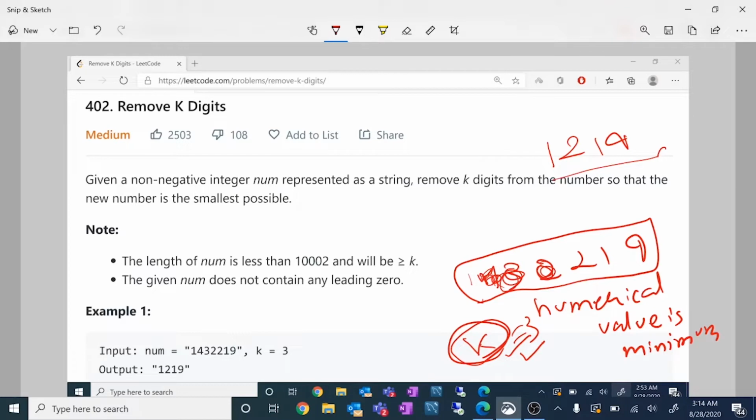So let's just, for the sake of doing it, see 1432219. What if I remove this 9? What if I remove this 4 and this 3? So you'll see that this still will not be less than this number since I know that 1221 is greater than 1219, right? So this is the objective of the question.